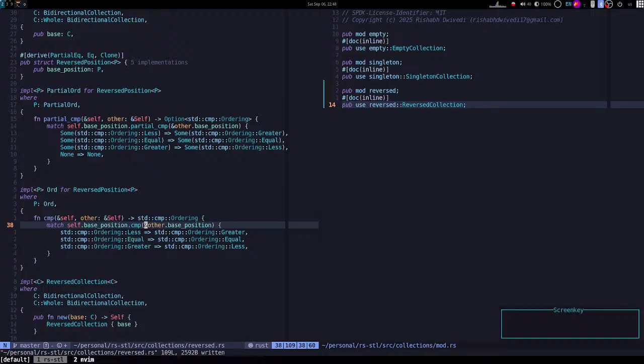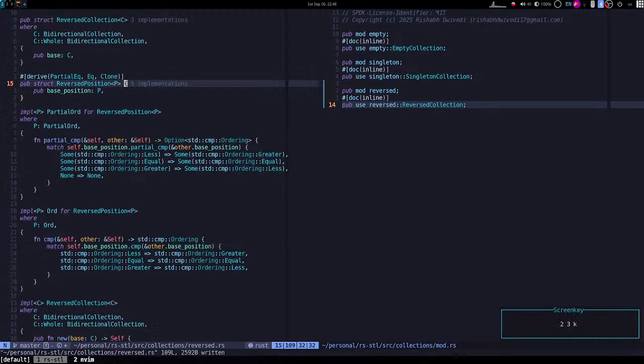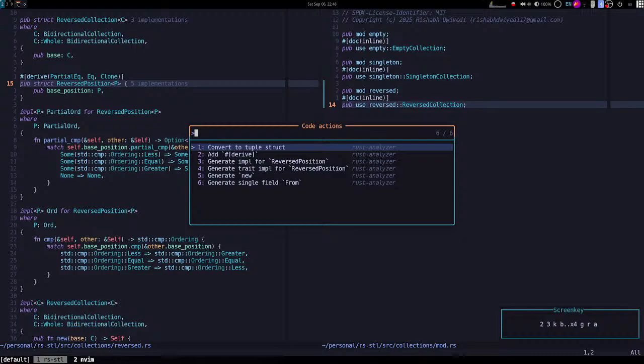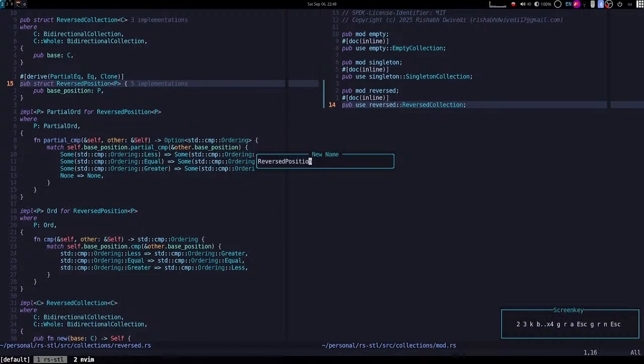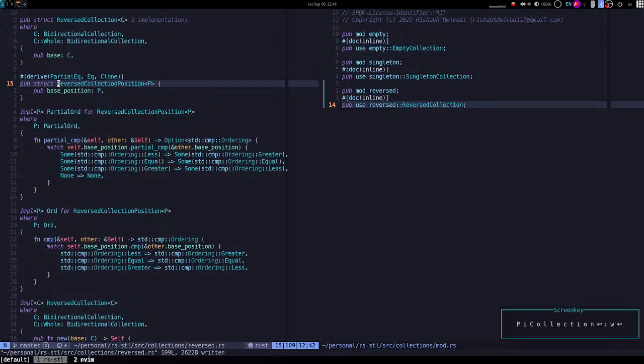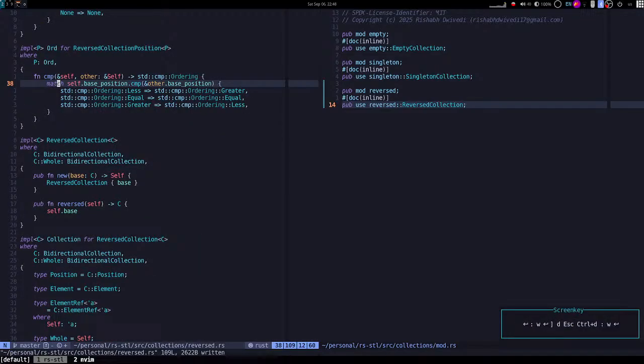I guess it should be called reversed collection position, not reversed position. But yeah, let me change that. Reversed collection position. Okay, nice. Now we have reversed collection position and reversed collection.